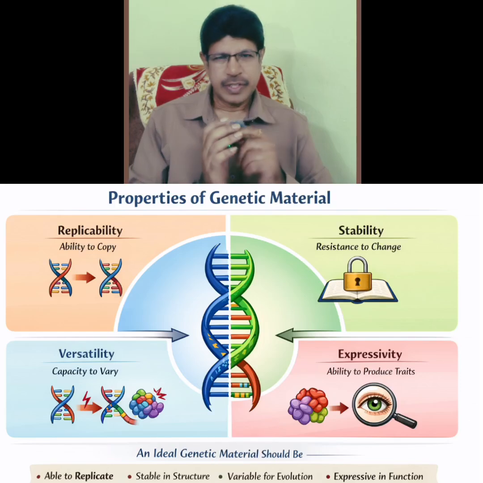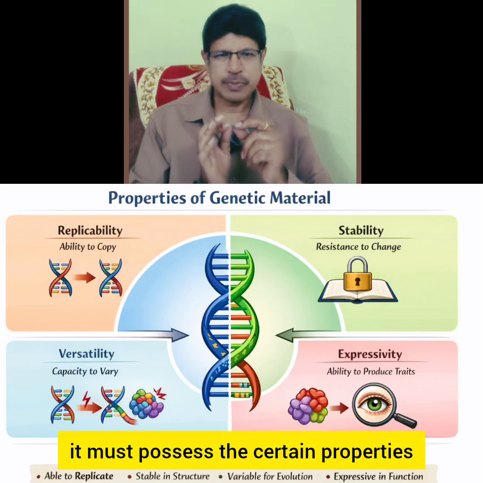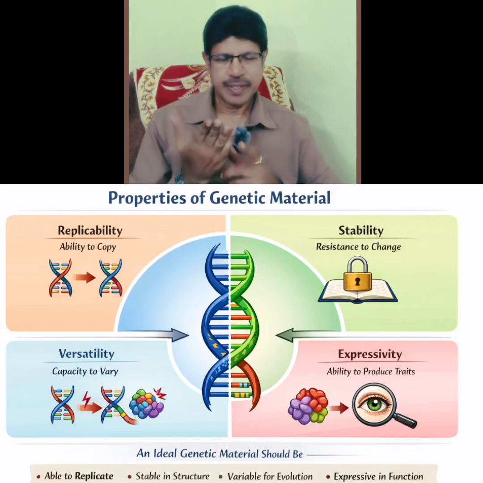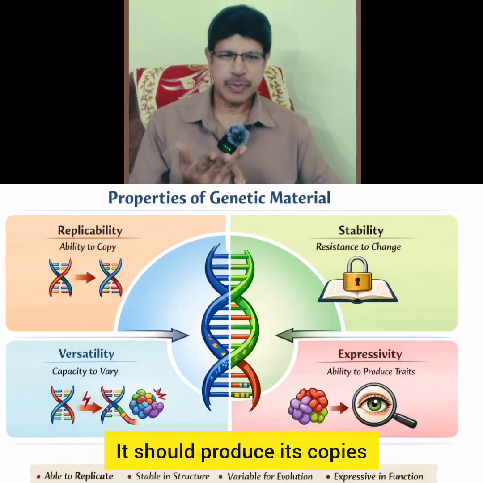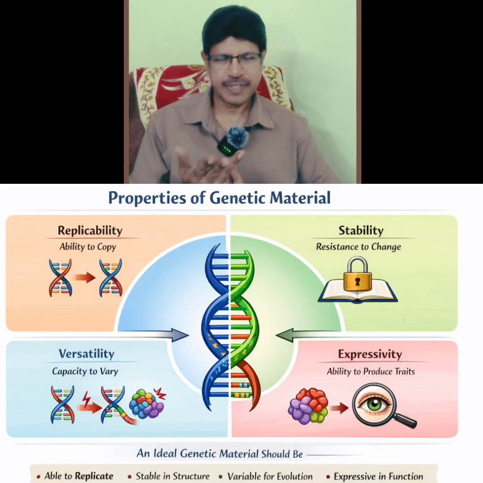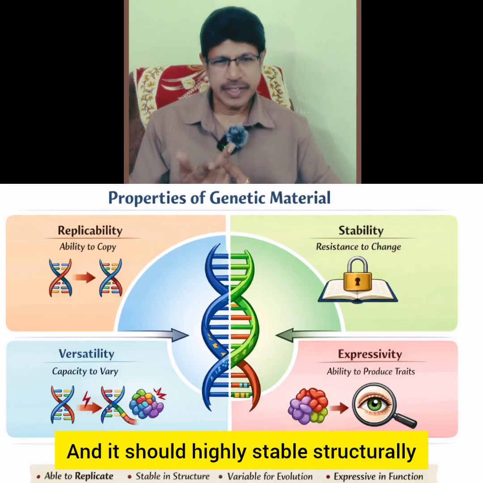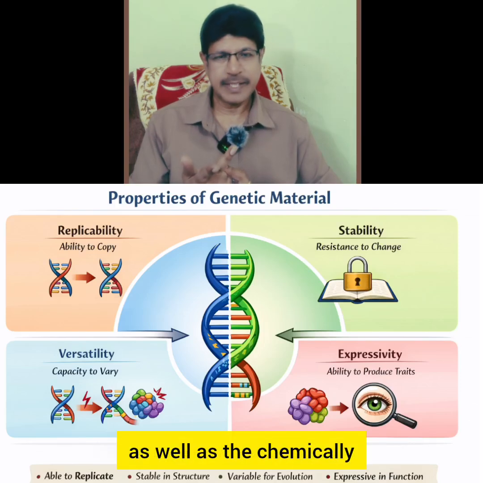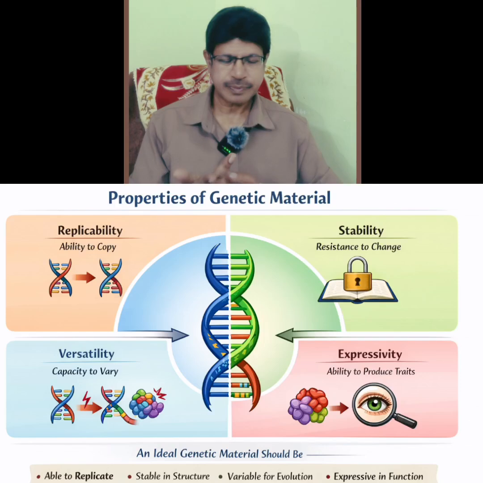Any genetic material must possess certain properties. That is, replicability: it should produce its copies, DNA through replication, RNA by transcription. Second, it should be highly stable, structurally as well as chemically.